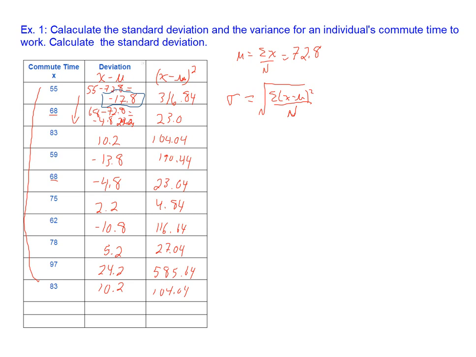So we've calculated already the deviations squared. We just need the sum of them. So really what we need to do is to sum this column here. So just add all of these up.